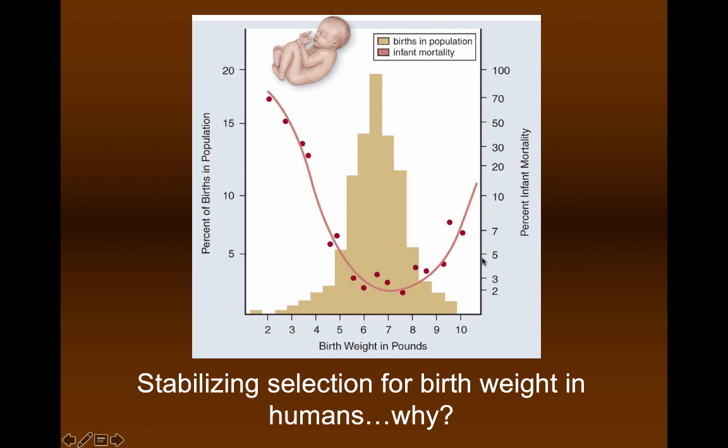Because remember, bigger babies are stronger and healthier. If we can get them born safely without those complications, then we'd actually have a directional selection toward the right, and the average birth weight in babies would actually get bigger, which is exactly what happened after C-sections first became popular: the average birth weight in humans has actually increased over the past couple hundred years.